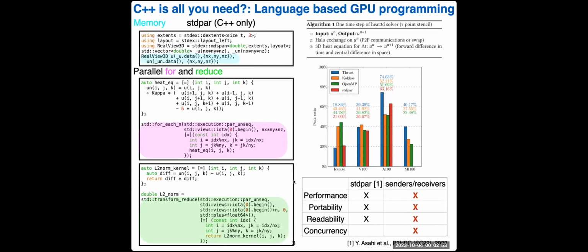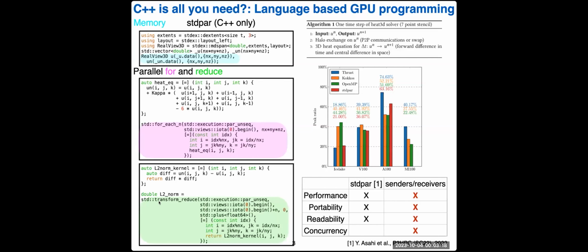Before moving to the senders receivers, I'd like to demonstrate the power of standard language for GPU computing, namely std_par and mdspan. In std_par, high-dimensional arrays are allocated by mdspan like this one, which is quite similar to Kokkos views. And for parallel iterations, we use the std for_each_n, shown here.